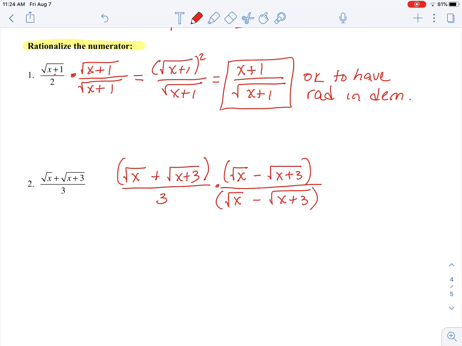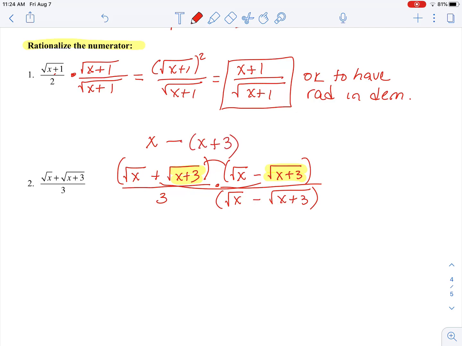Now remember, I'm going to FOIL the top out. First times first. Outside, inside is just going to cancel each other out. Minus, now I'm going to take last times last. So I'm subtracting x plus 3.